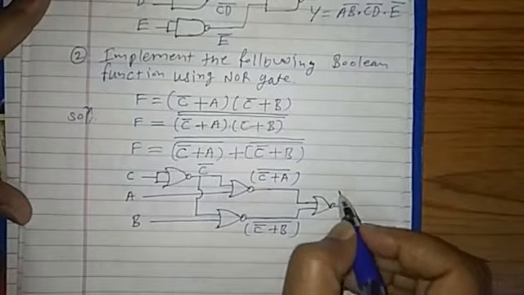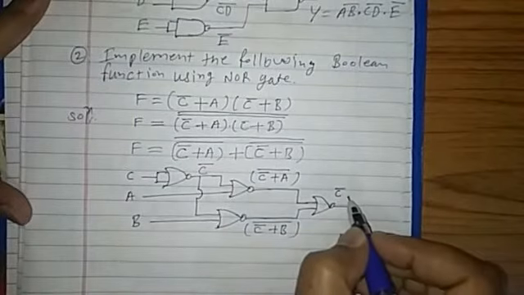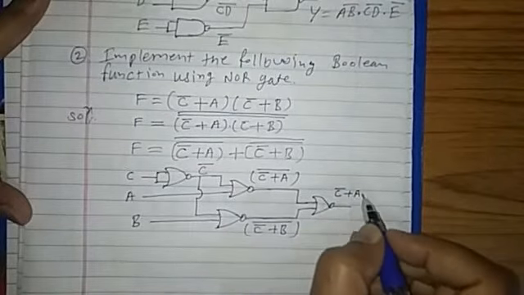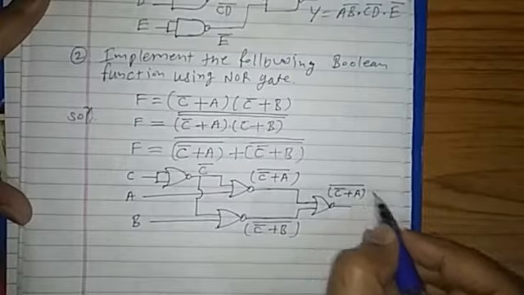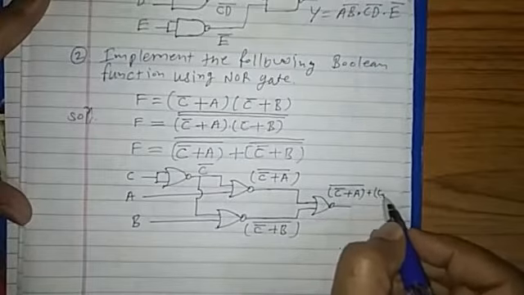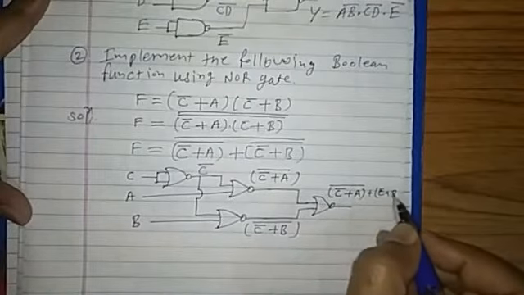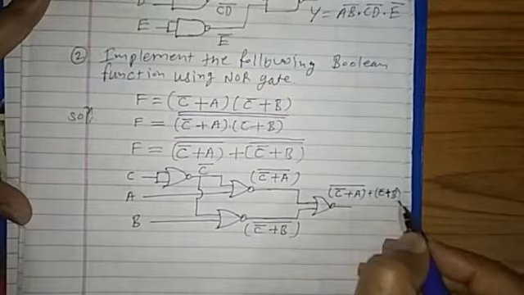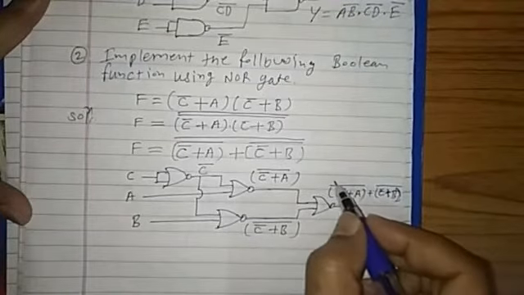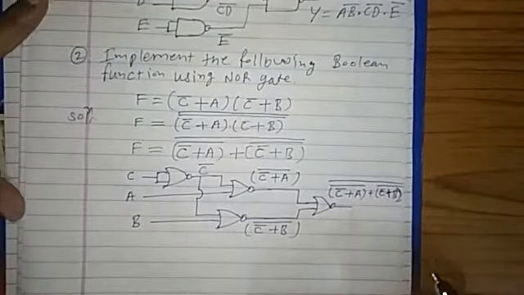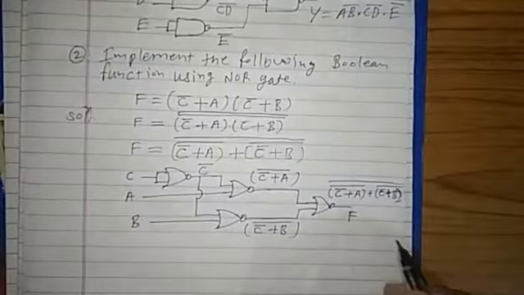This is what now? C bar plus A whole bar plus C bar plus B whole bar and then whole bar. Okay, this is the expression F.